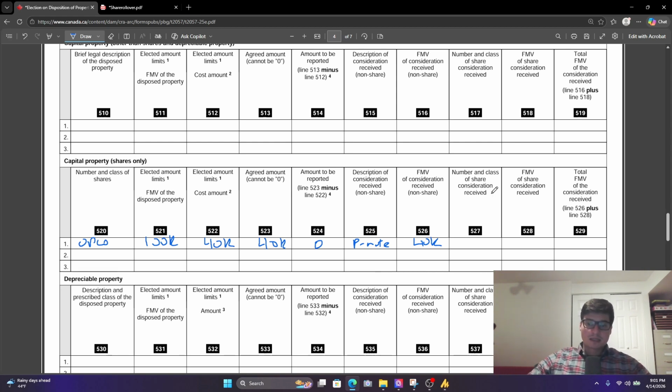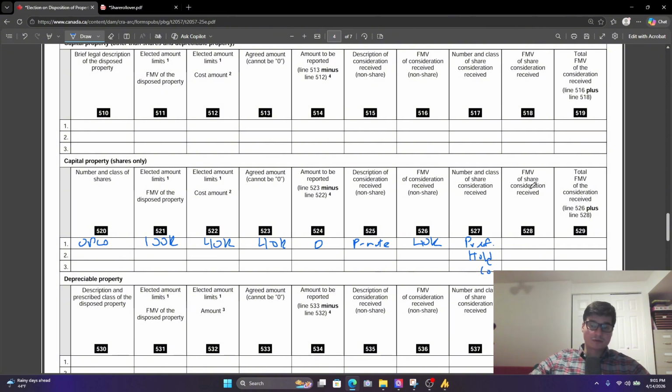And your number and class of share consideration received. So this will likely be preferred shares of Holdco. And you're going to look at the fair market value of the consideration received. So now we know that our fair market value is 100,000 of what's being disposed. Our fair market value of the non-share amount is 40,000.